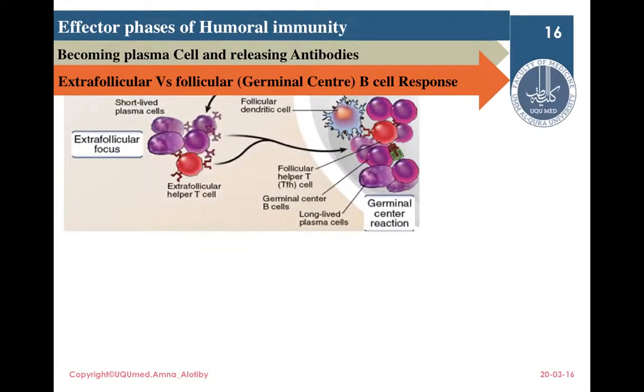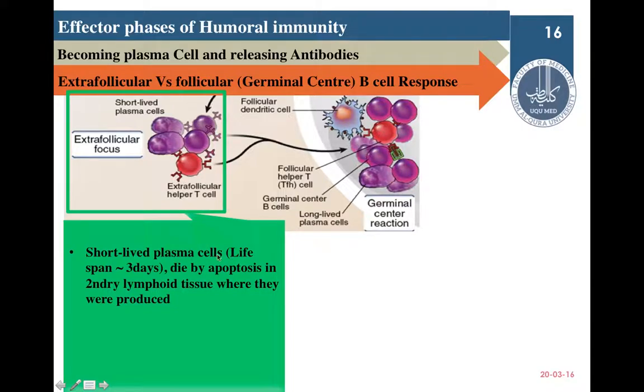Let's look at the difference between extrafollicular versus follicular steps. Here, as I've already explained, the T cells are going to activate the B cells, which will differentiate into plasma cells, and the plasma cells will be short-lived. The follicular helper T cells move on to the germinal center, the B cells move on to the germinal center, and there are follicular dendritic cells in the germinal center as well.